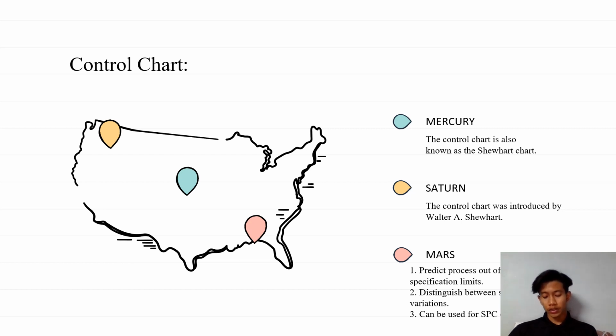The control chart was introduced by Walter A. Shewhart. And the pink color is Mars. Predict process out of control or out of specification limits. Distinguish between specific, identifiable causes of variations. Can be used for SPC, statistical process control.